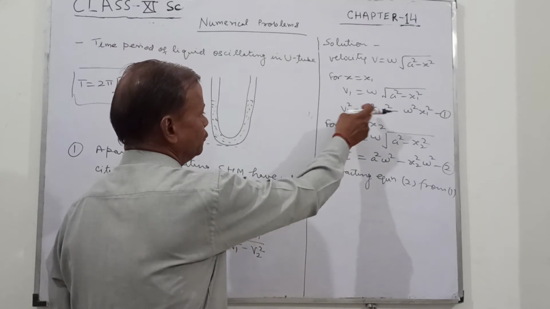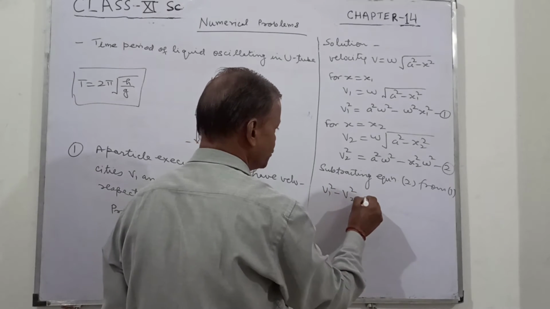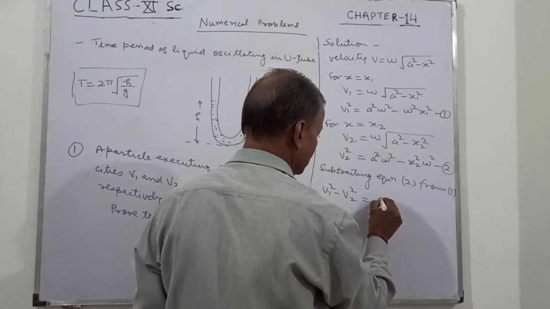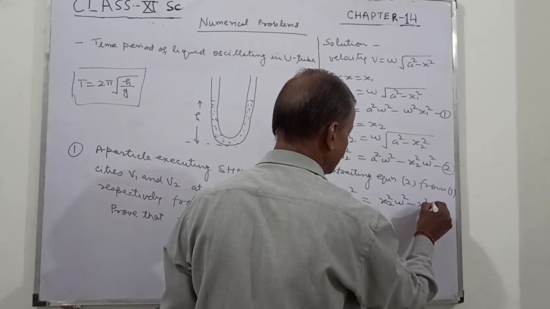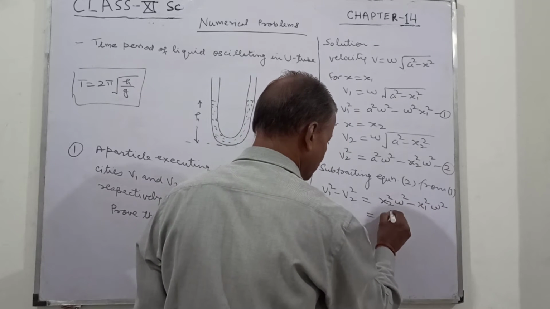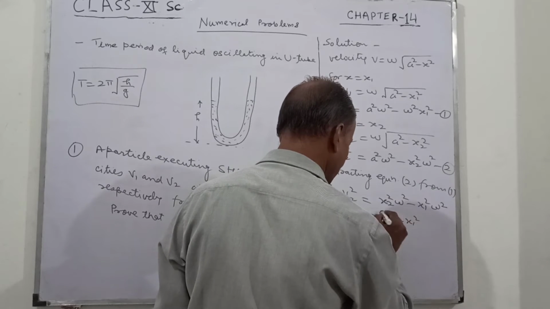So this will be your b1 square minus b2 square, equal to omega square into x2 square minus x1 square.